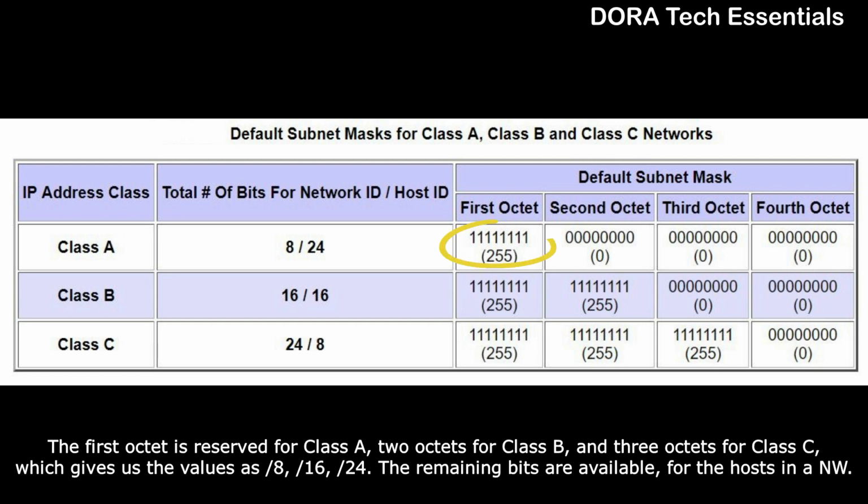The first octet is reserved for Class A, 2 octets for Class B, and 3 octets for Class C, which gives us the values as /8, /16, /24. The remaining bits are available for the hosts in a network.